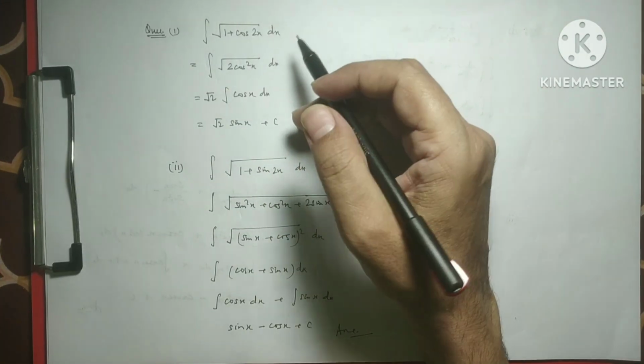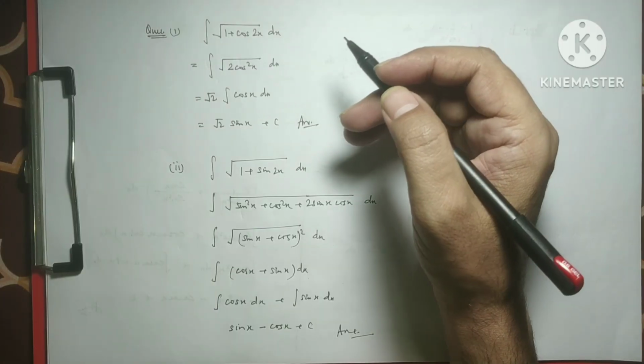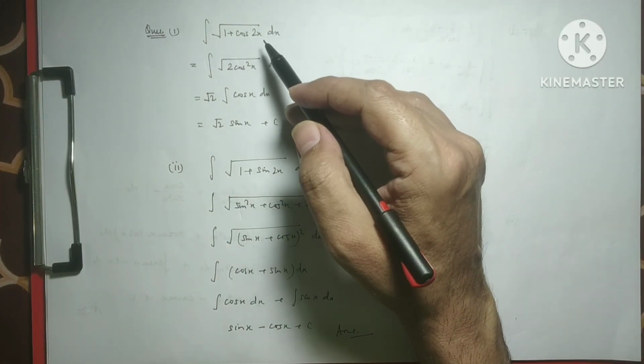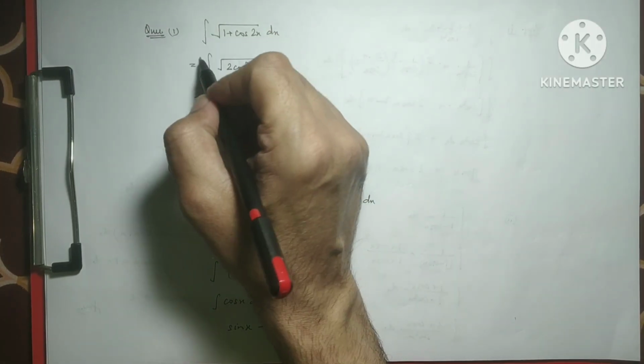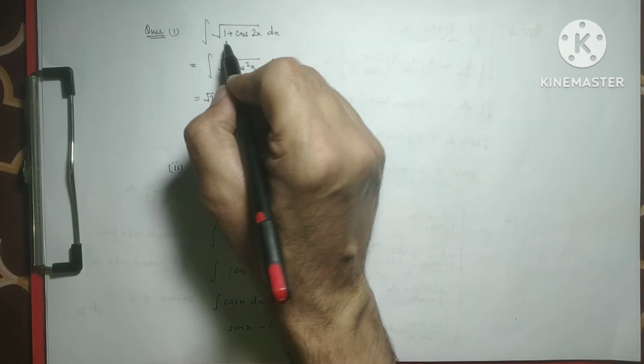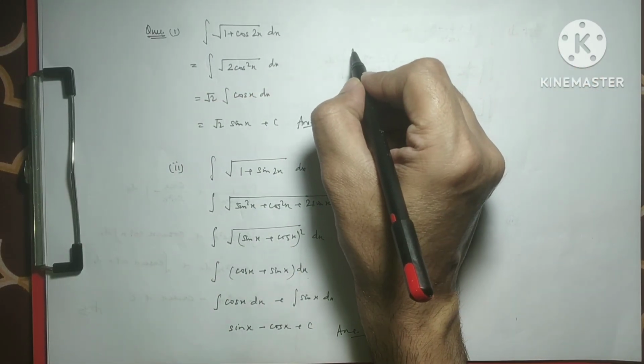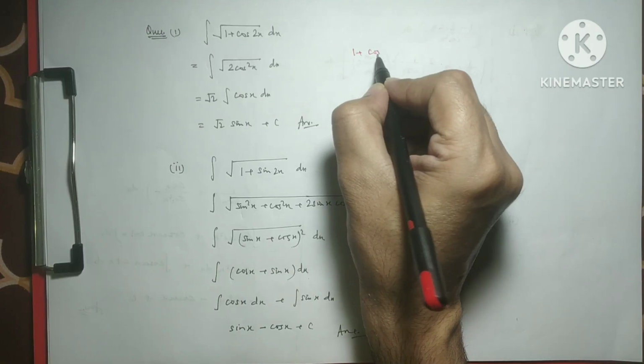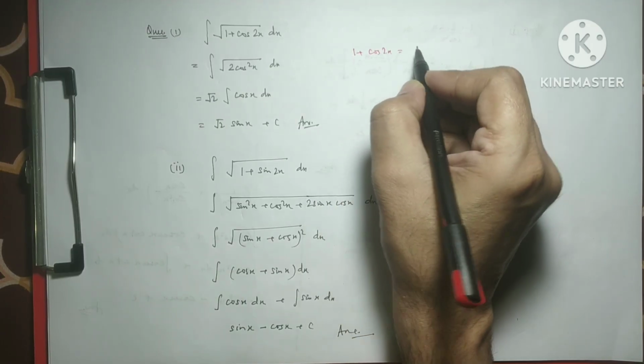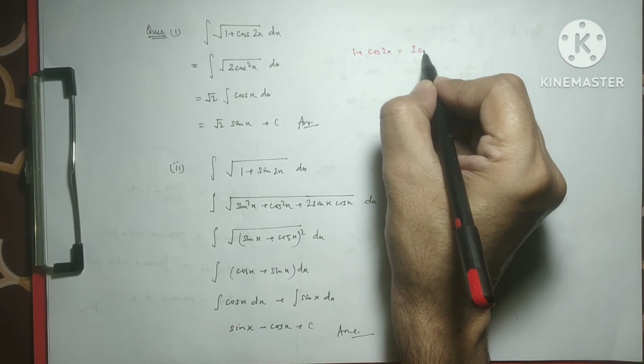Now we are taking some more questions on trigonometric functions, like the integration of under root of 1 plus cos 2x. We know very well that 1 plus cos 2x is 2 cos square x.